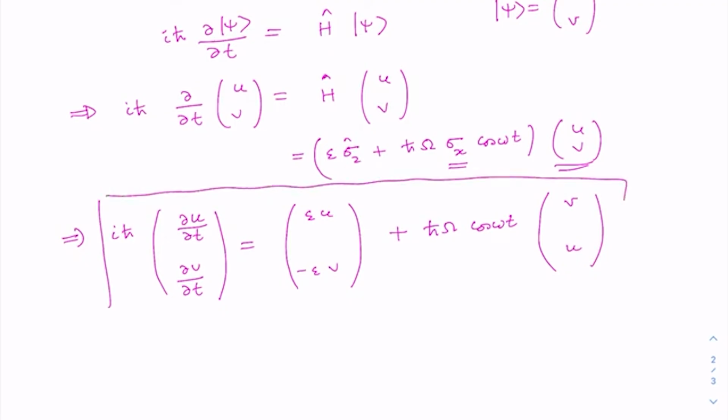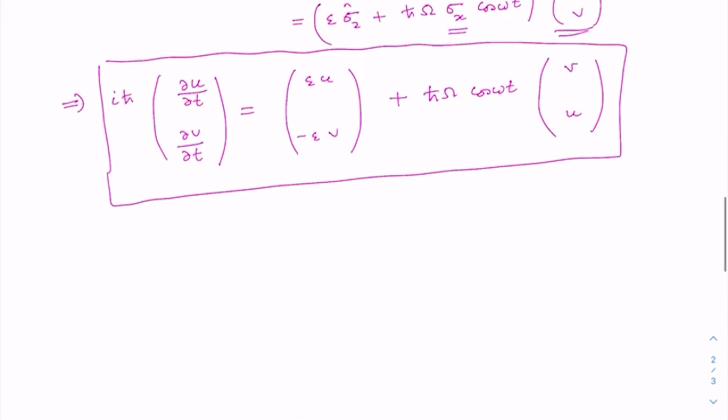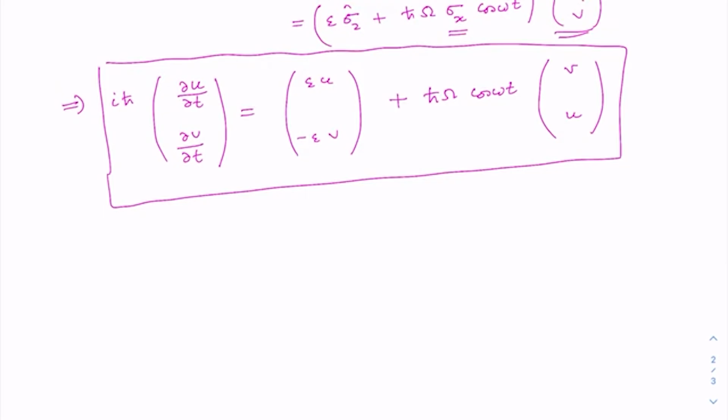So basically we get two coupled equations, one from the first row and another from the second row. Though it looks like a very simple equation, it is not analytically solvable because of the presence of this time dependent term.